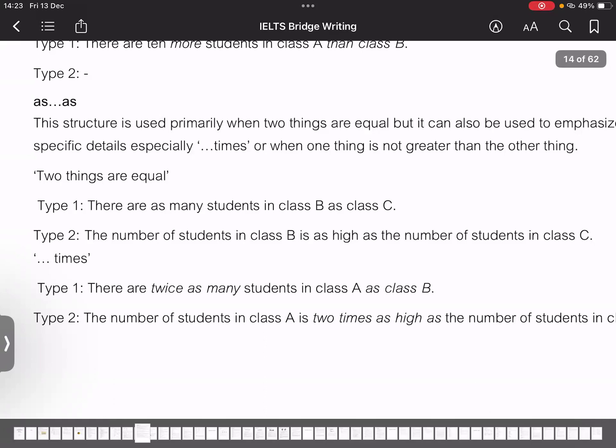Like as rich means equally rich, right? As beautiful means equally beautiful. As handsome, equally handsome. So whatever adjective you put behind it, it simply gives the meaning of being equal.